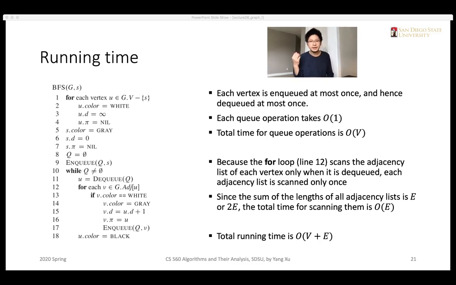Now recall that for an undirected graph, the sum of the lengths of all adjacency lists is two times E, and for a directed graph, it's just E. So the total time of scanning all the elements in all the adjacency lists is big O of E. Okay, it's linear time with respect to E. Putting that together, the total running time of BFS is big O of V plus E. It is determined by the size of the graph, where you need to consider two quantities, both the number of vertices and the number of edges.